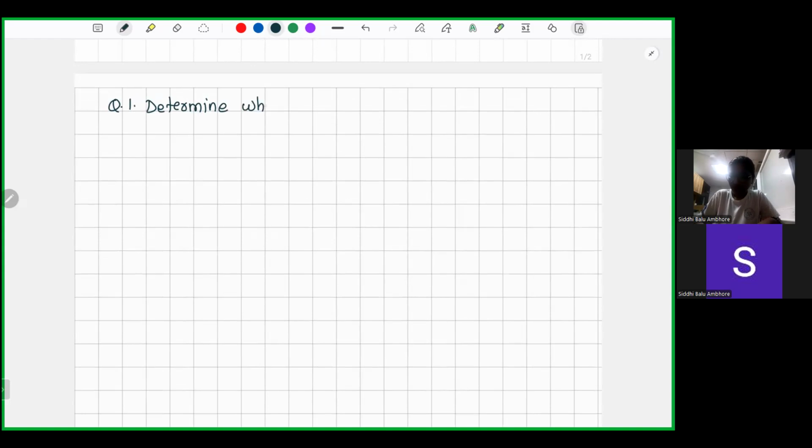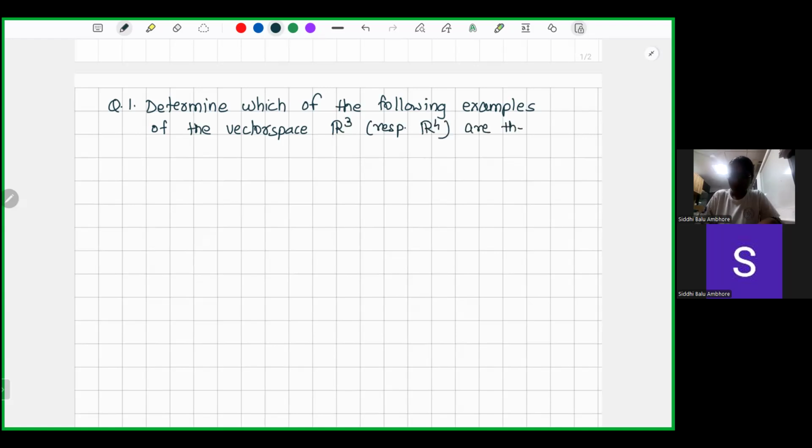Determine which of the following examples of the vector space R3, respectively R4, are the direct sums of the following subspaces U and W.